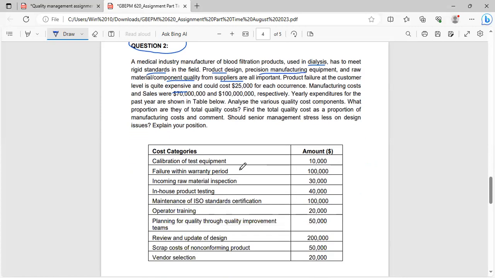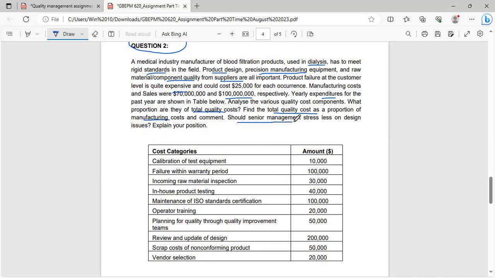Manufacturing costs and sales were 70,000 and 1 million respectively. The expenditure for the past year are shown in the table, and then analyze the various quality cost components. What proportion are they of the total quality costs? And find the total quality cost as a proportion of manufacturing costs, and we do a comment.